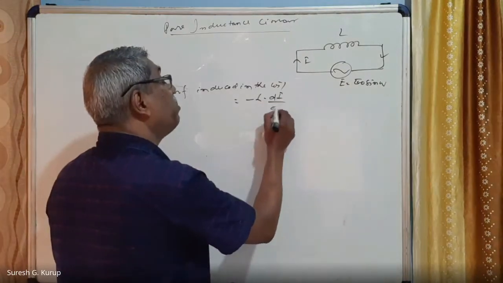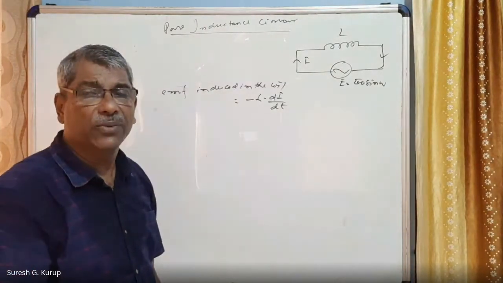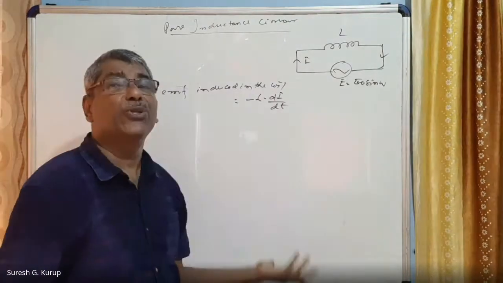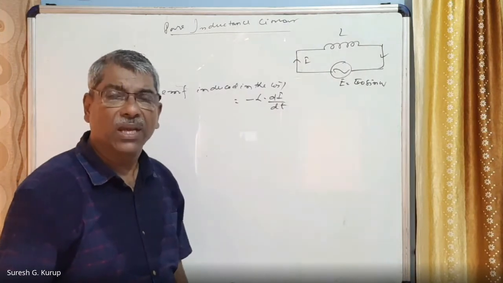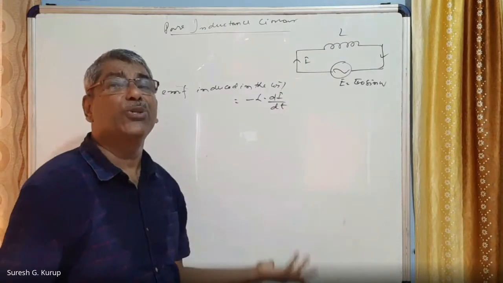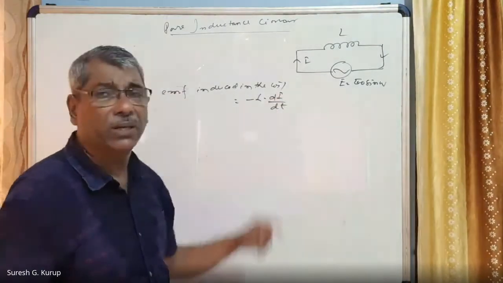This is also something everybody knows. We have seen self-inductance of a coil, and in the last class we saw electromagnetic induction. So when EMF is supplied across this coil, current starts changing with time. If the change in current through the coil is di by dt, then the opposing EMF produced in the coil is given by minus L into di by dt.